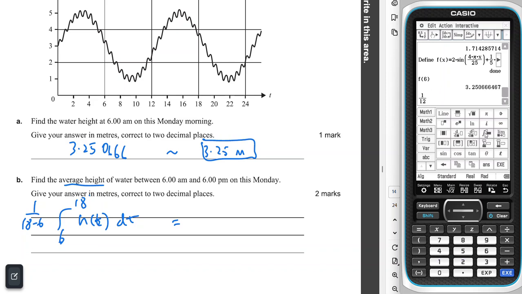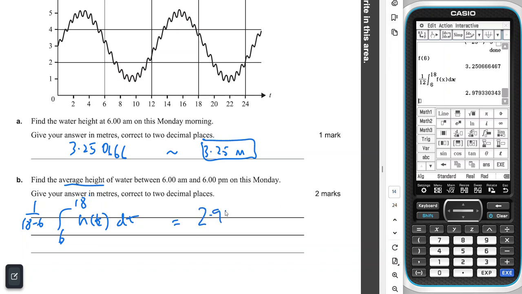And we're doing the integral of f of x from 6 to 18, which gives you that number, 2.97933, rounded to two decimal places, 2.98 metres.